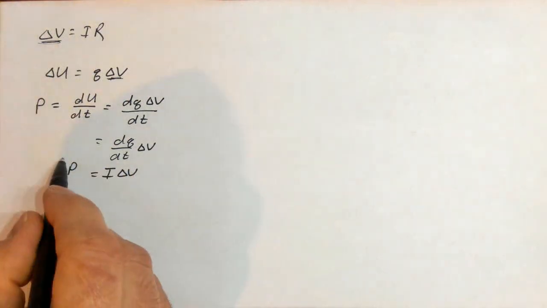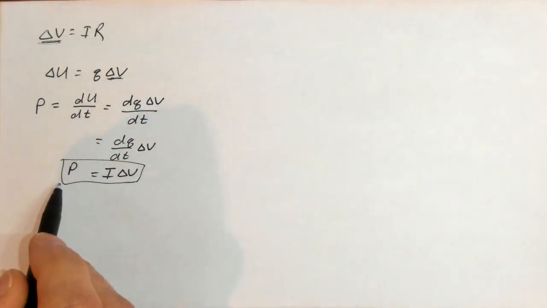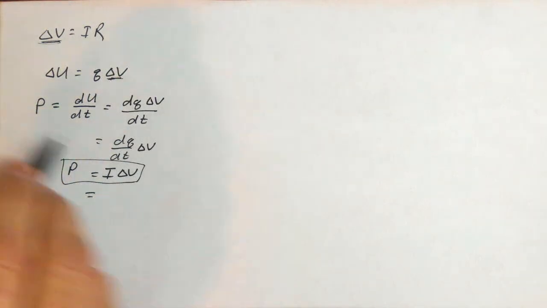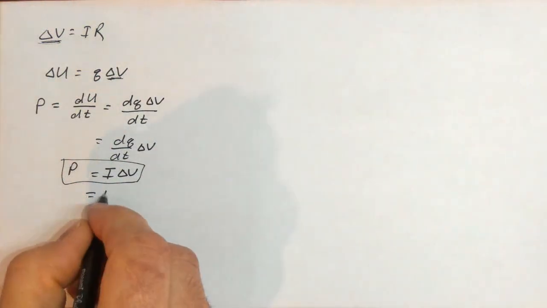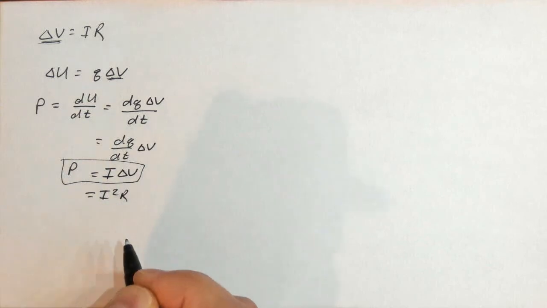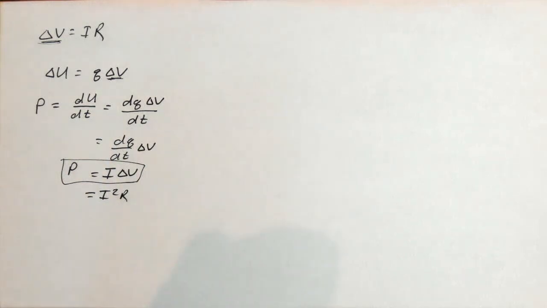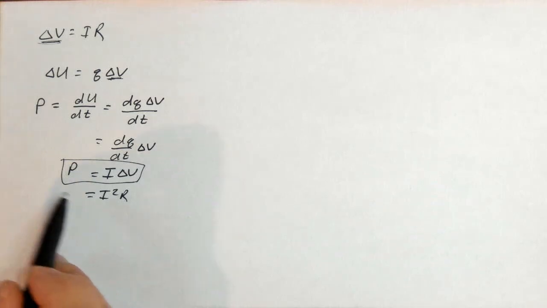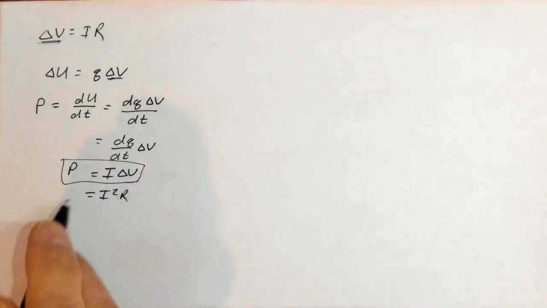This is a really good relationship, it helps us to understand that. But if we combine it with Ohm's law, we can write it in different ways. If I replace IR with delta V, I get I squared R. So if I know the current and I know the resistance, this would be the fastest way to calculate the power.